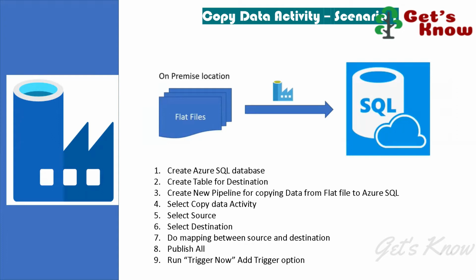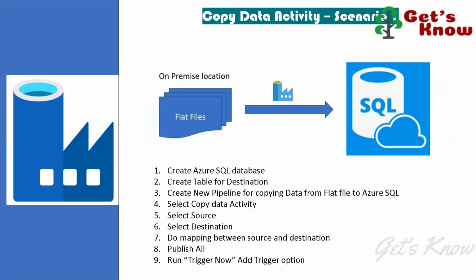Inside the pipeline, we have to use the copy data activity, and the copy data activity has properties. In the properties we have two important parts: one is the source part and the other is the sink part. Sink is nothing but the destination.